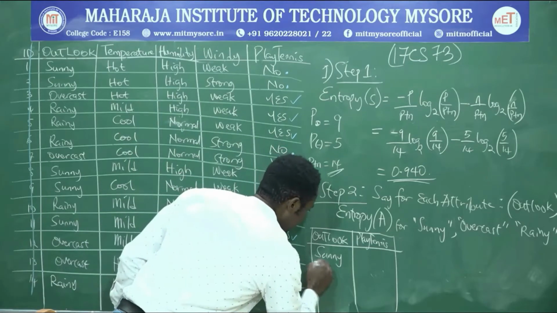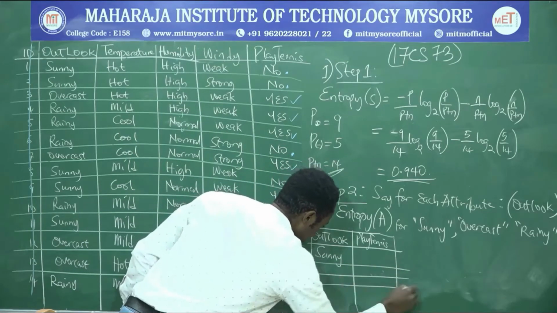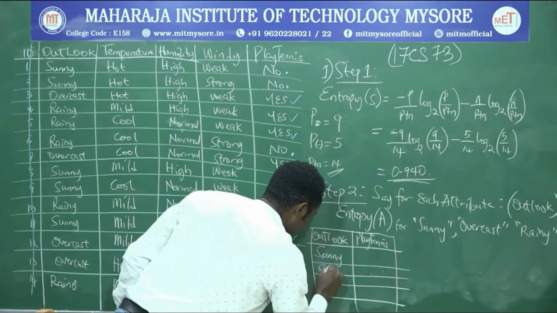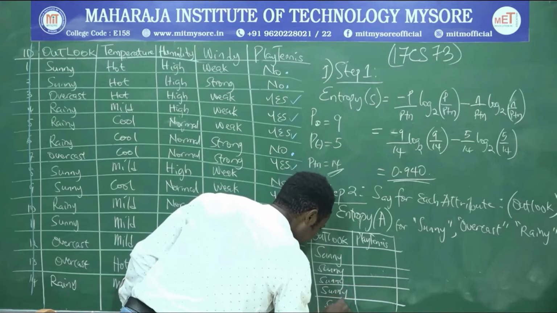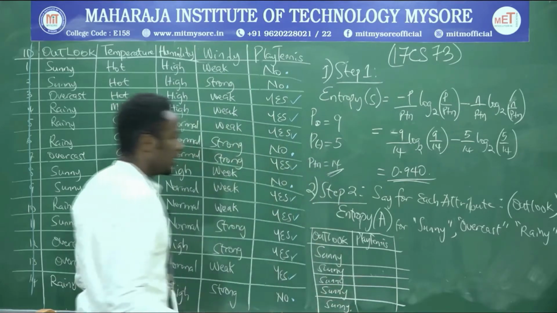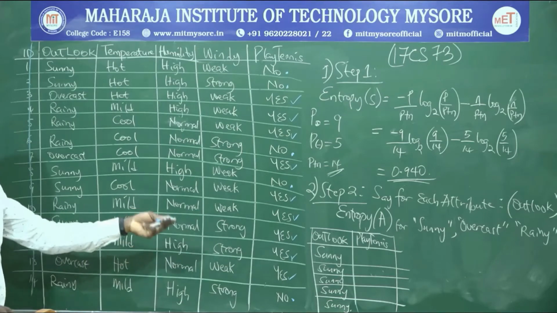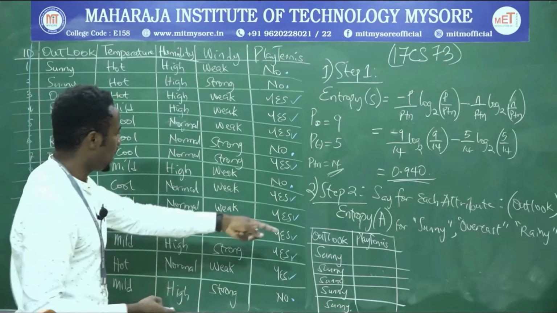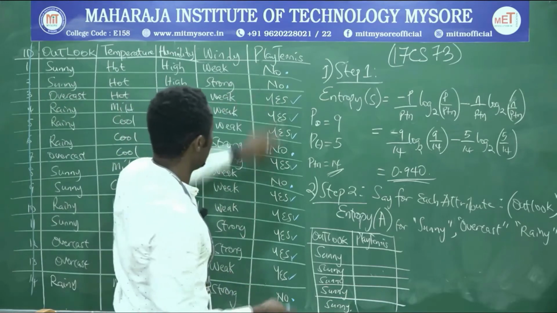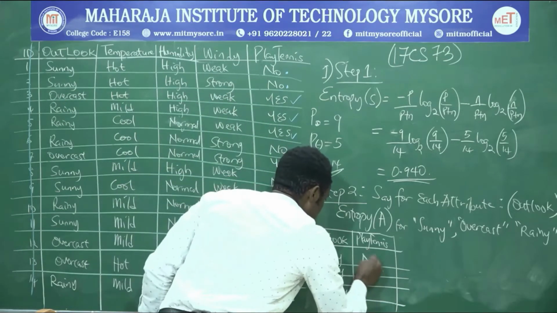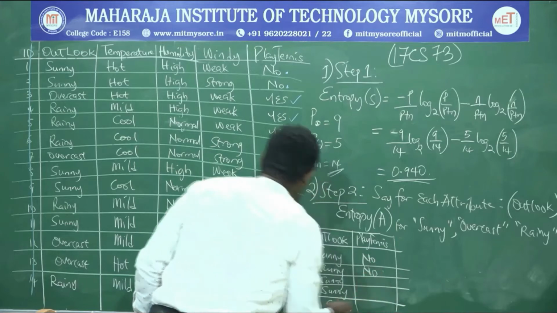Sunny, sunny, sunny, sunny, and sunny. Now let's check their equivalents in play tennis. For the first sunny, it was no. Second sunny, again, no.